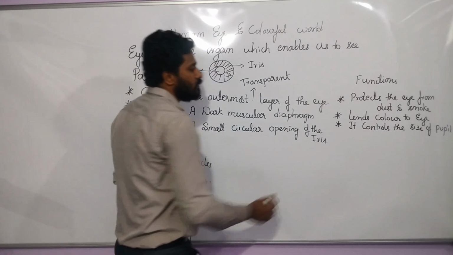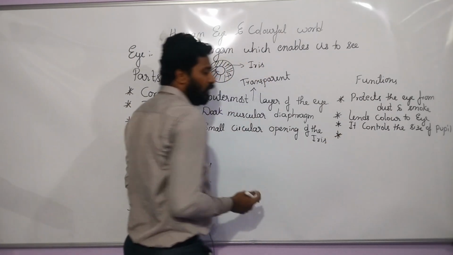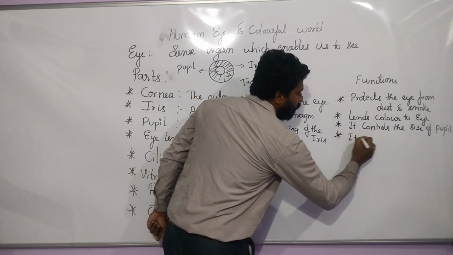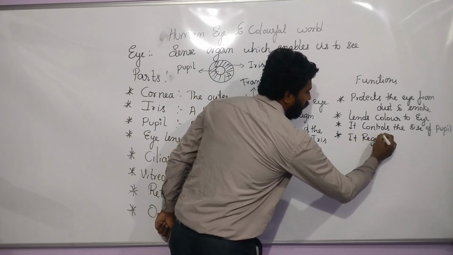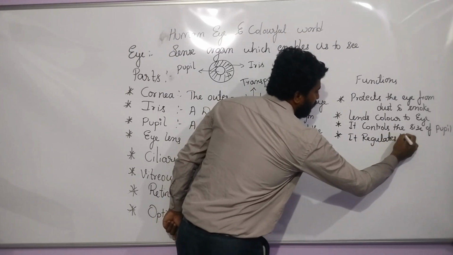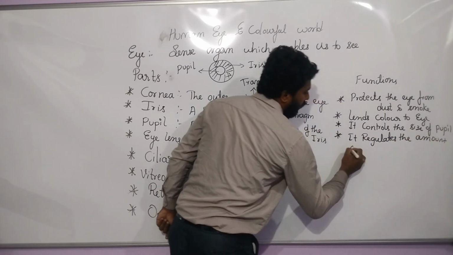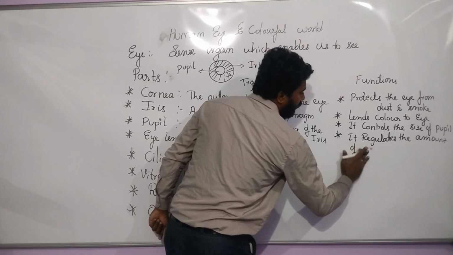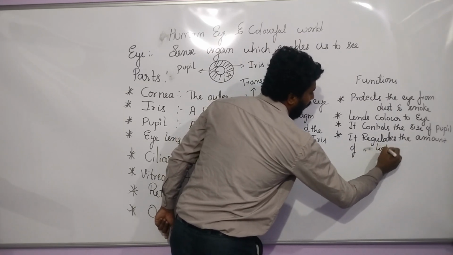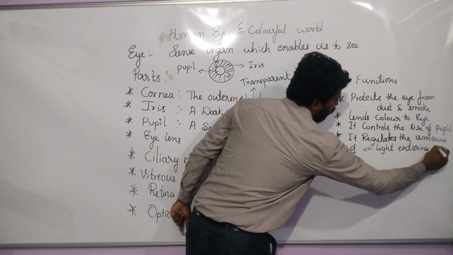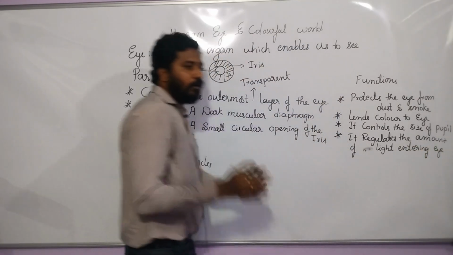And what is the function of the pupil? It regulates the amount of light entering the eye.